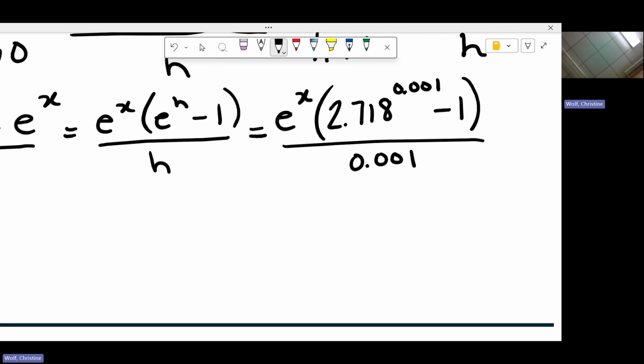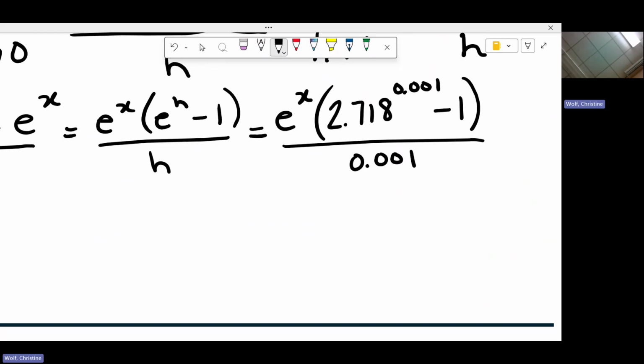Okay, here's where you can get your calculators out, because even Miss Wolf wouldn't expect you to do that in your head. Take out 2.718 or press your e button, put it to the exponent of 0.001, and you can do this all in one step.